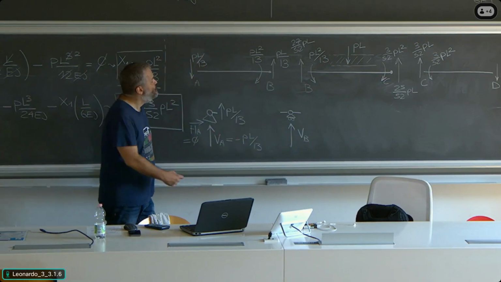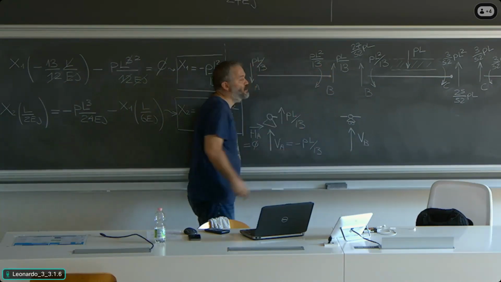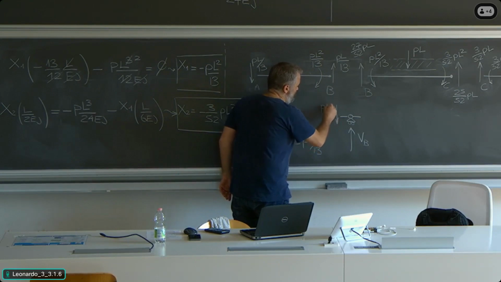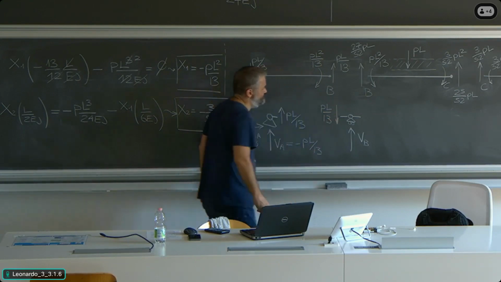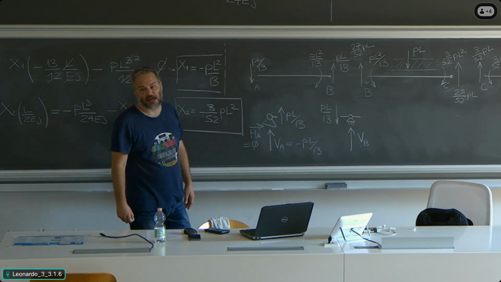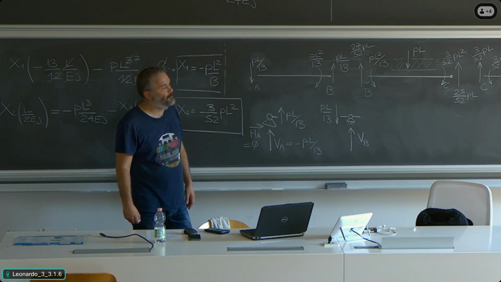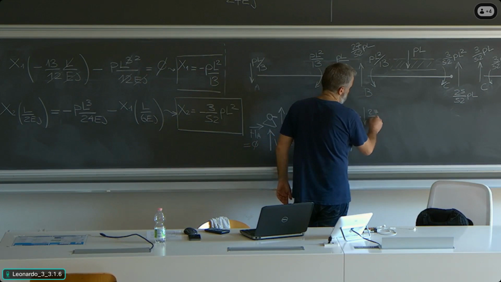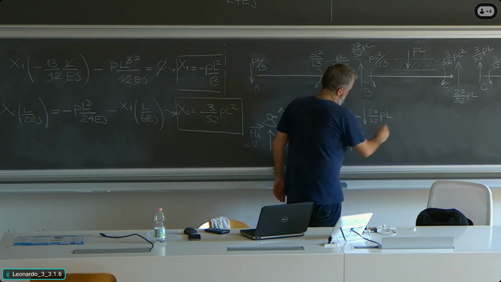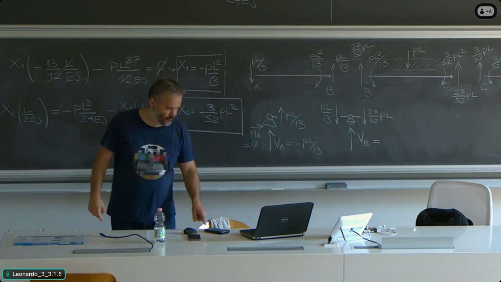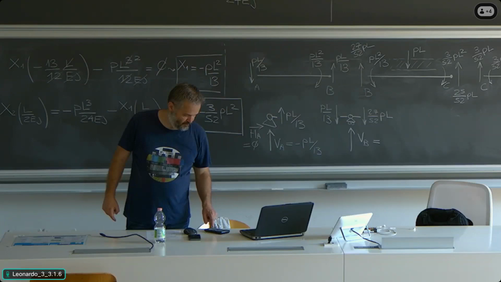At point B, we have PL divided by 13 acting upwards on the beam, which means downwards on the support. 27/52 coming from the right acts upwards on the beam, which means downwards on the support. The reaction force VB is therefore the sum of the two forces, 1/13 plus 27/52.